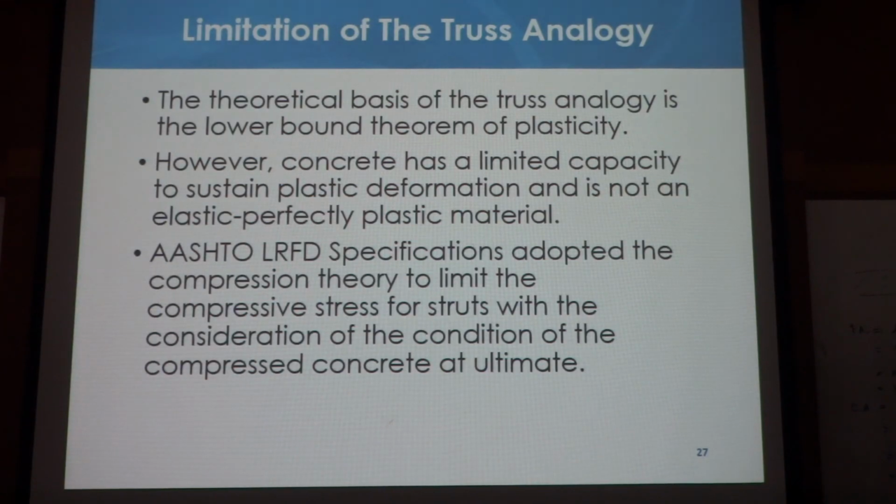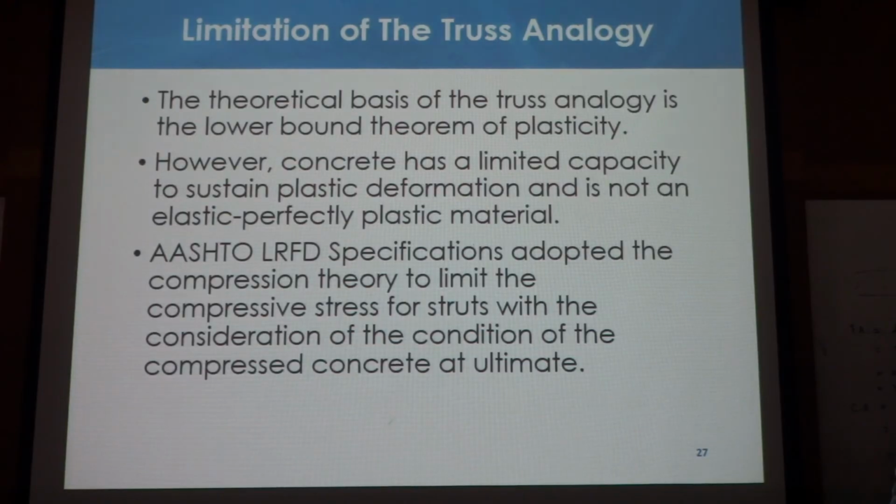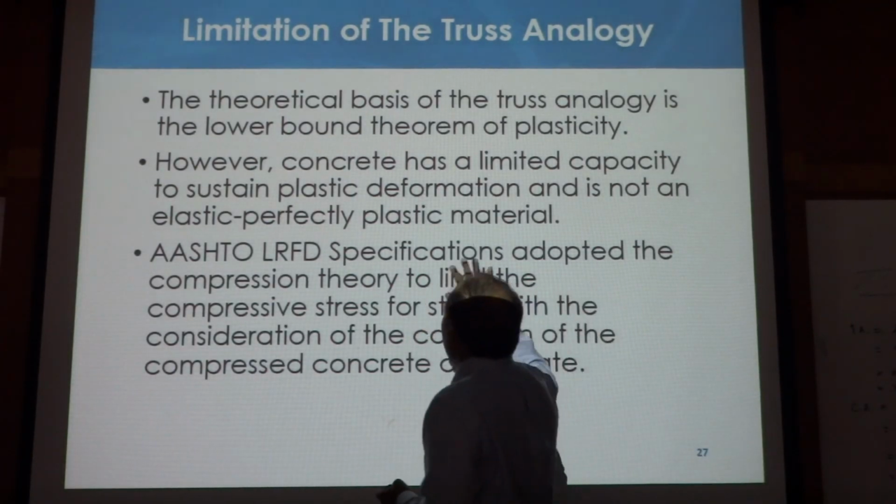So these are the limitations. Of course, the first one is not a limitation, actually that's a good thing. The theoretical basis of the truss analogy is the lower bound theorem of plasticity, which is a good thing. So that's not really a limitation, we just know that this is a lower bound solution. The second one is, however, concrete has a limited capacity to sustain plastic deformation, and it is not a perfectly plastic material.